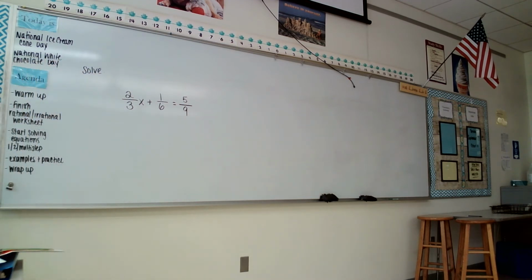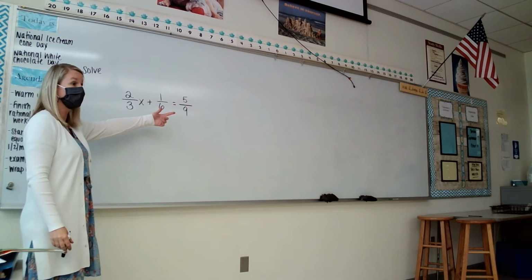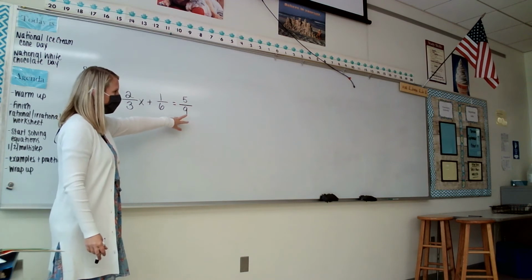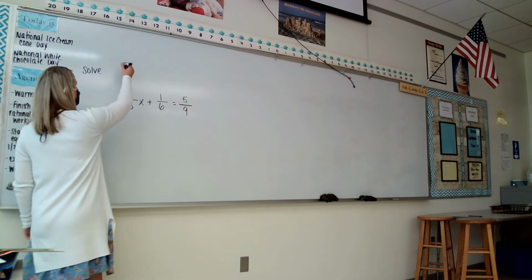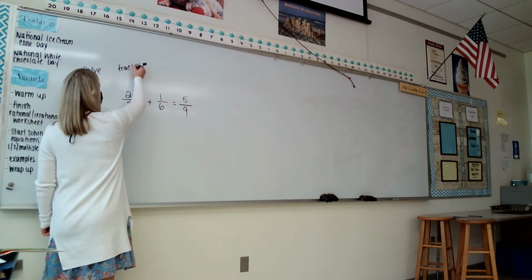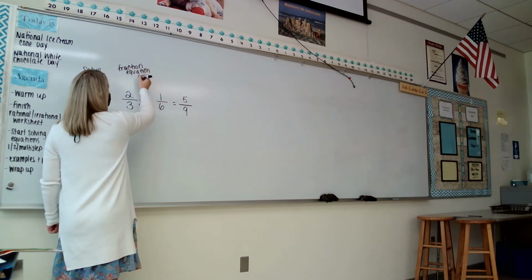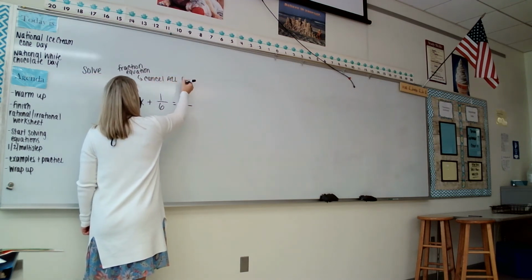So we see an equation with all fractions, which if you have your fraction phobia, you might be having a little heart attack, but that's okay. What I don't do, especially without calculators, I don't just start to solve this like normal, because it's going to be annoying, right? If I subtract 1/6, then I'm going to have to find a common denominator, combine them, then I have this, and I have to deal with that. So what I'm going to do when I have a fraction equation, first step is cancel all of the fractions.